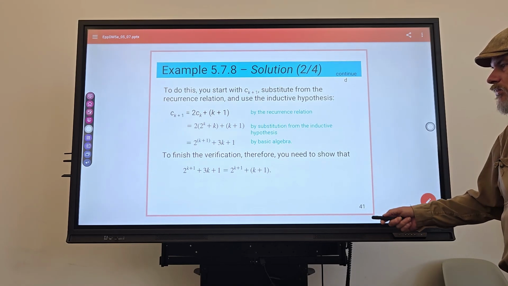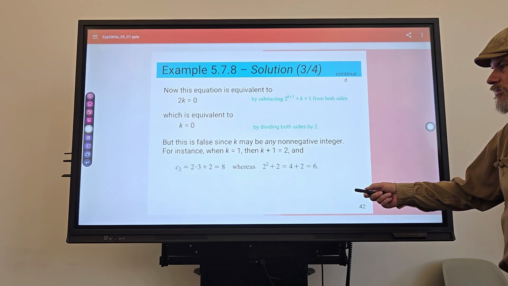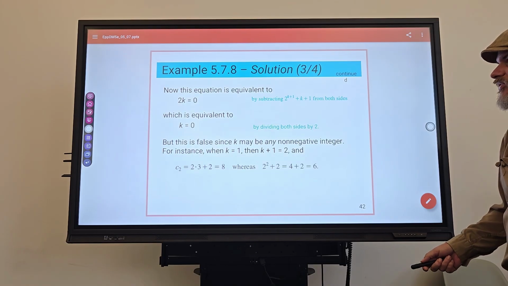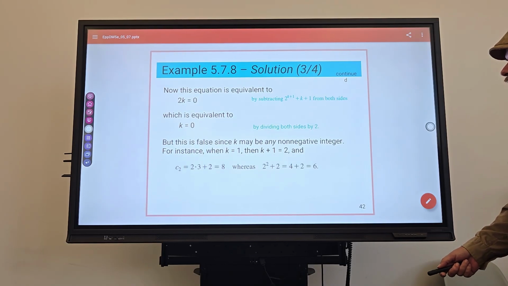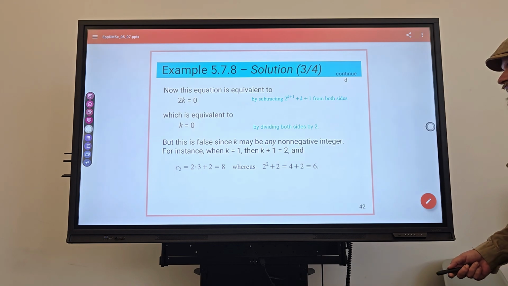Well, now this is equivalent to 2k equals 0, which is equivalent to k equals 0. But this is false since k may be any non-negative integer.